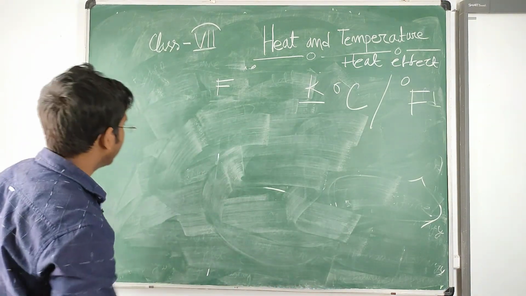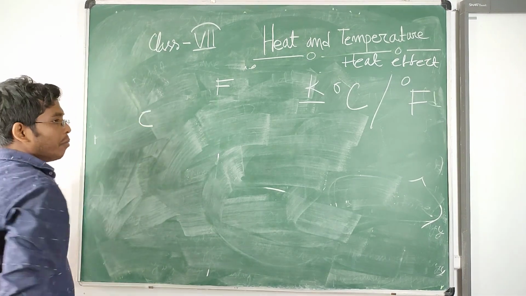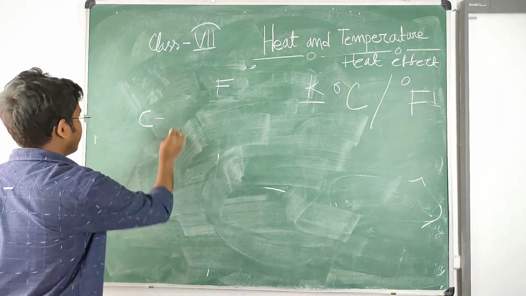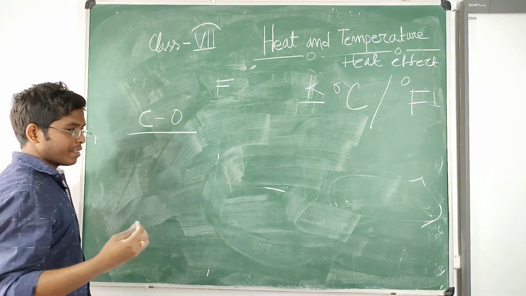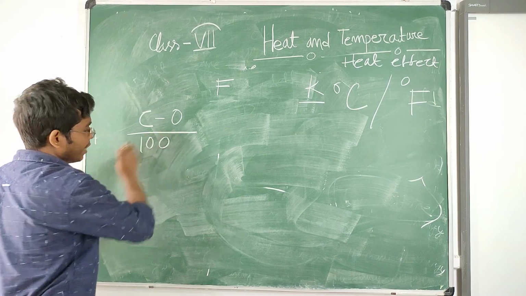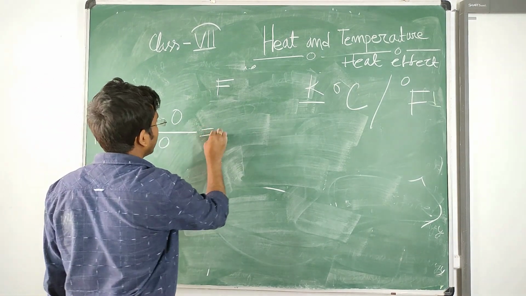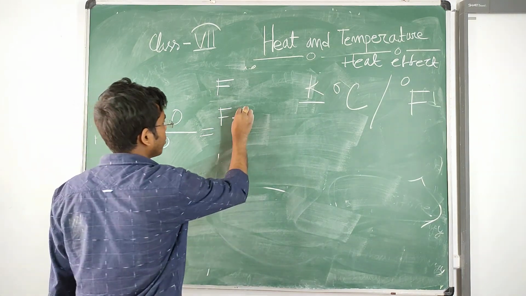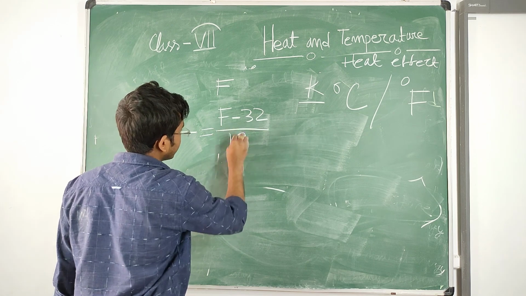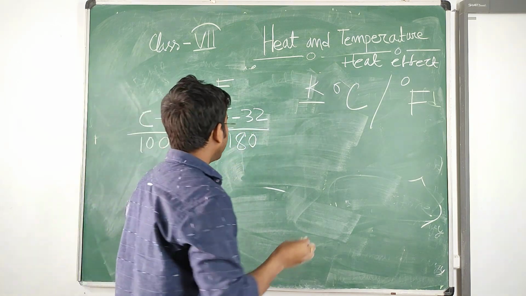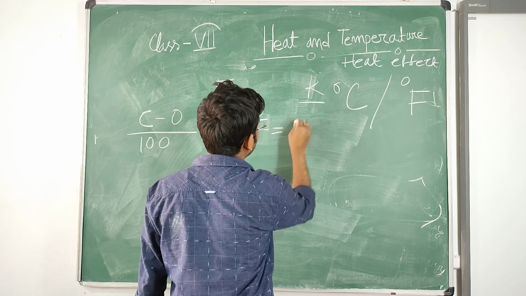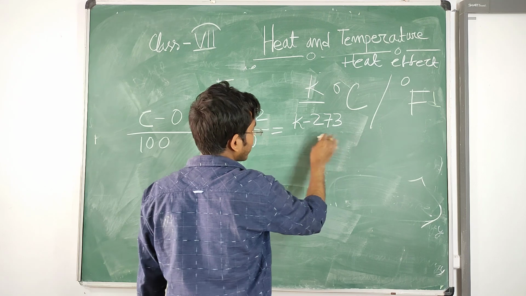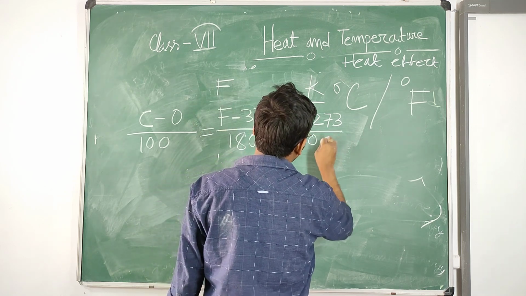At first we write centigrade C minus the lower fixed point, which for centigrade is 0, divided by the difference 100, equals Fahrenheit F minus the lower fixed point 32, divided by the difference 180, equals Kelvin K minus 273, the lower fixed point, divided by 100.